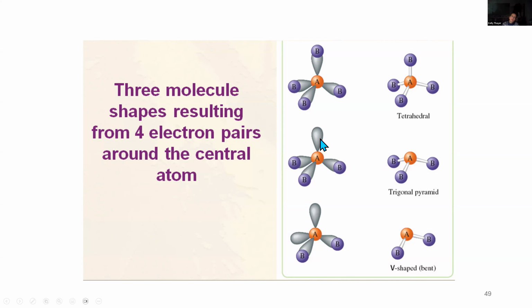But if one of these B's is a lone pair, then you won't actually see it, and the result will be the trigonal pyramid, although the shape of the electronic configuration is exactly the same. And then here is the situation where you have 2 lone pairs and 2 atoms, so you'll get the V shape or bent one. So this is like water, this is your trigonal pyramidal, and this is your tetrahedral shape.